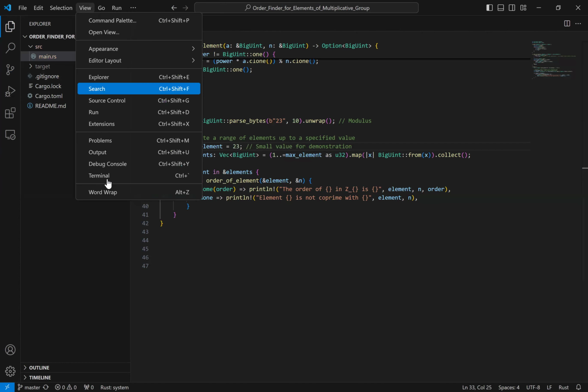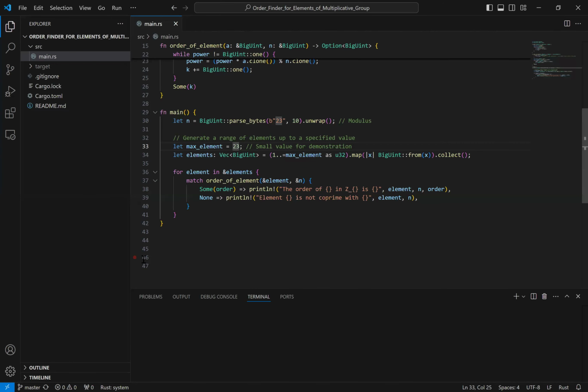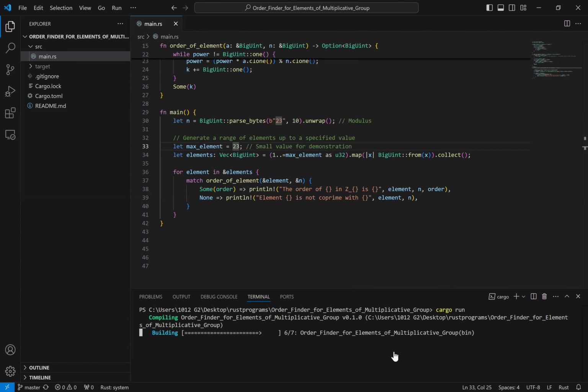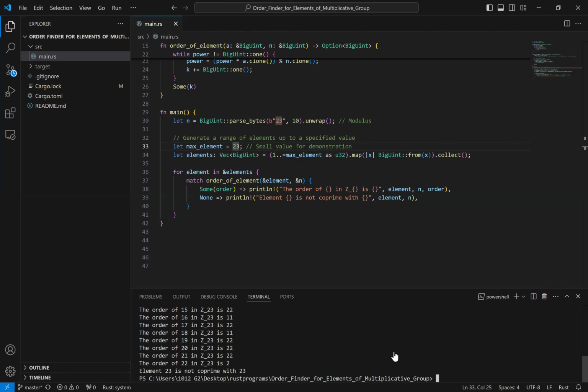So let's try to run this and see what the result is. I wanted it to give me all the orders of elements in Z23. You can see the result at the bottom.